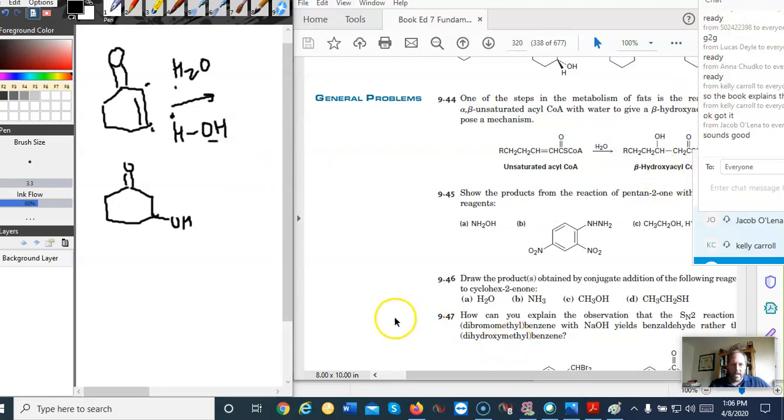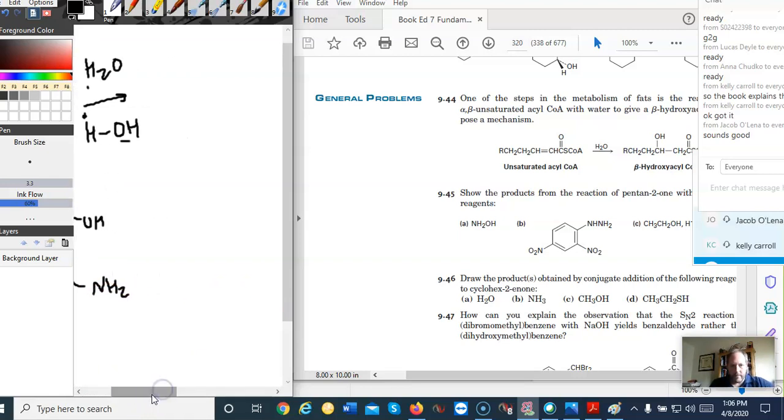All right, so for the NH3, your final product will be, basically, an NH2. So just get rid of the pi bond, get rid of one of the hydrogens on your reagent, and pop the other thing on there. For the alcohol, you're going to make an ether, a keto ether.